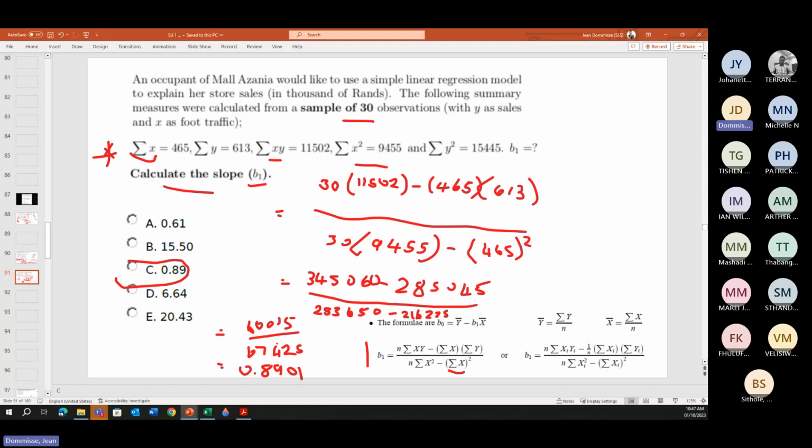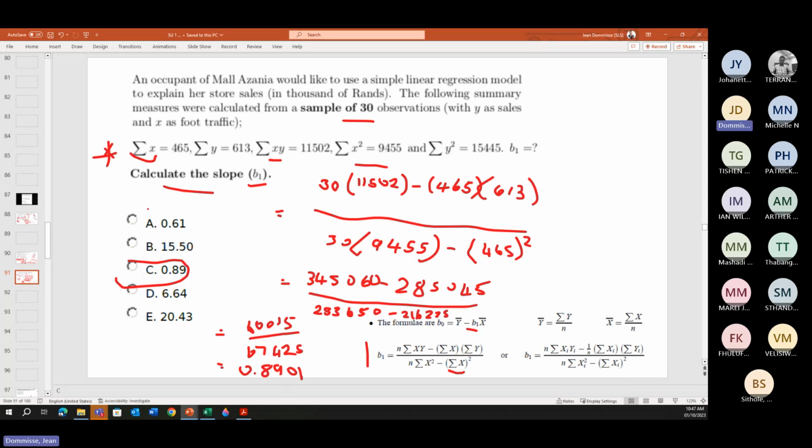But your slope can be negative, so if that was suddenly minus 36.5045, it's not wrong, because a slope can also be negative. So just be careful.